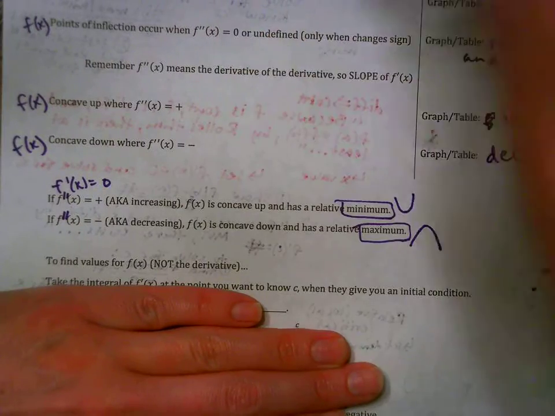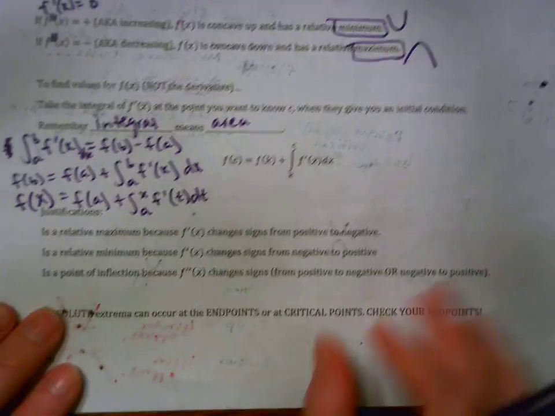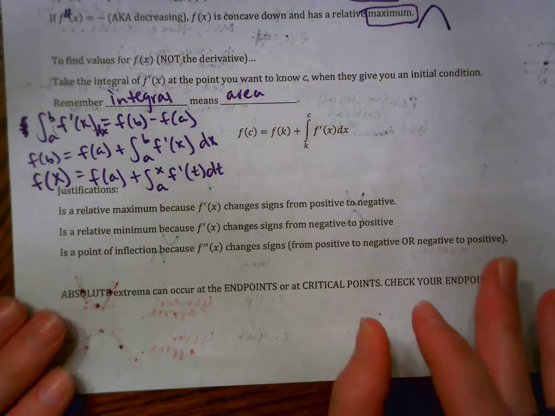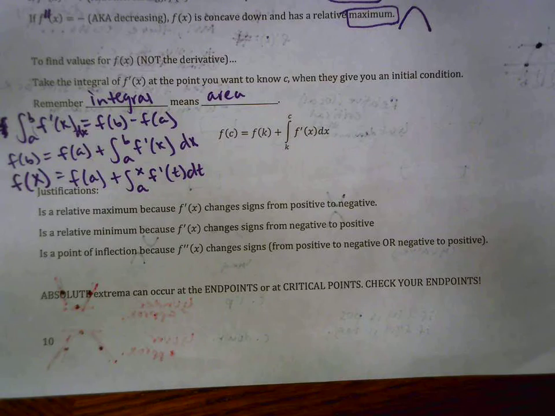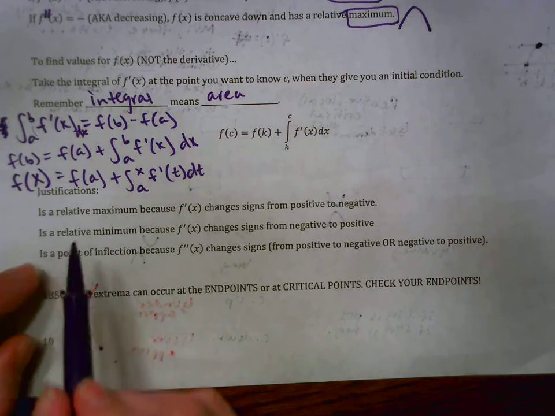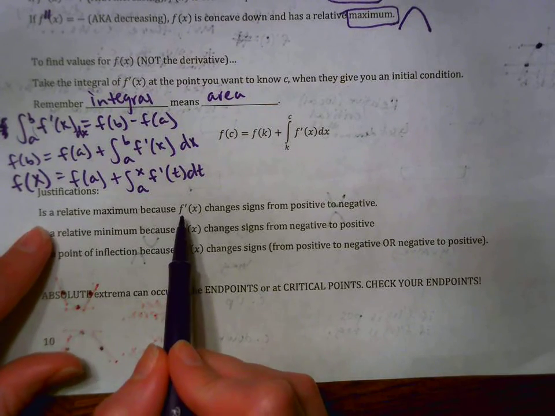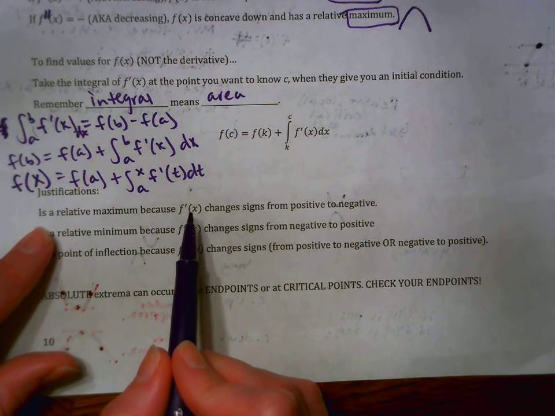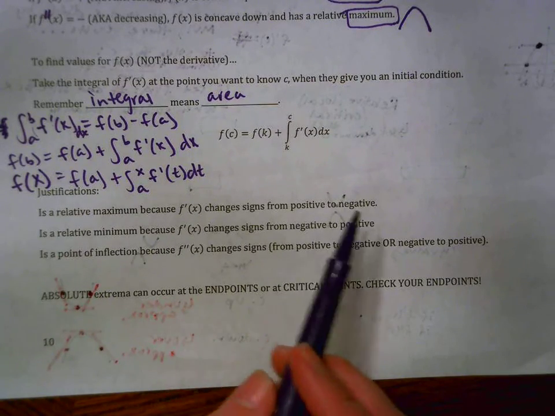This is really what chapter 3 is over. And then the justifications. So make sure when you're doing your free response that you write sentences, you do not just leave it as a sign chart. So you're going to say blank is a relative maximum because, and do not say it or graph, because f prime changes signs from blank to blank.